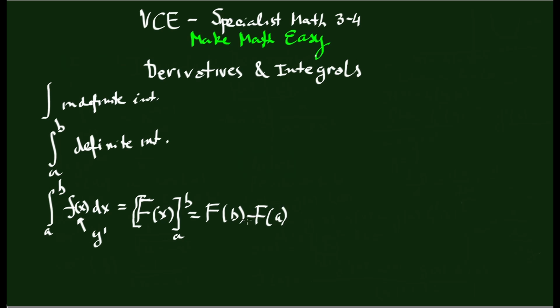Basically we have the original function at the point b minus the original function at the point a. That original function is the antiderivative of f of x.